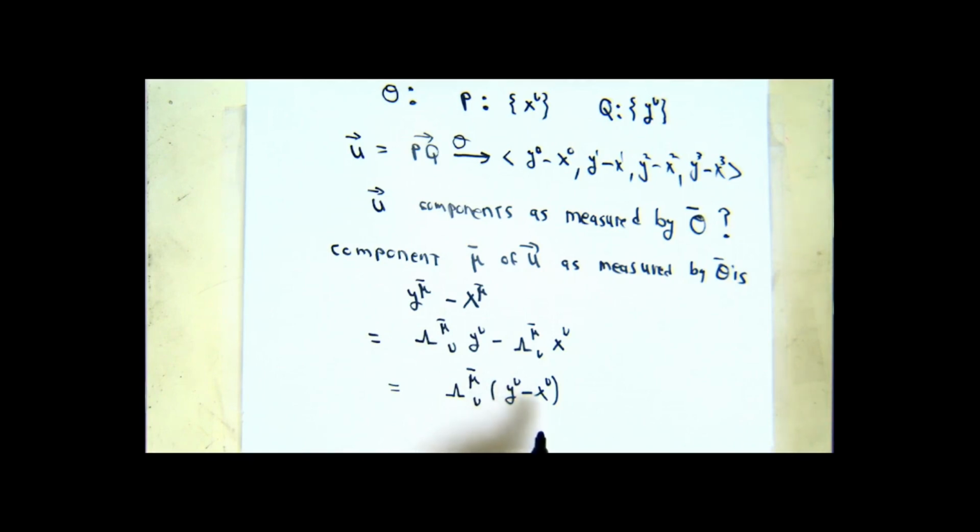But y nu minus x nu are the components of vector u as measured by the O coordinate system. That is to say, u mu bar equals lambda mu bar nu u nu.